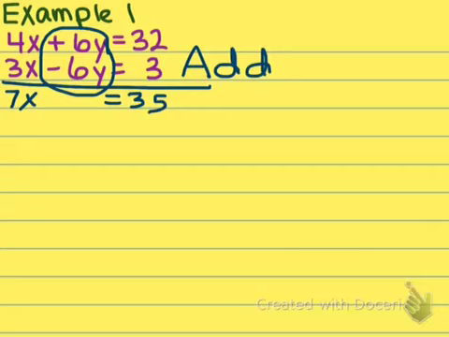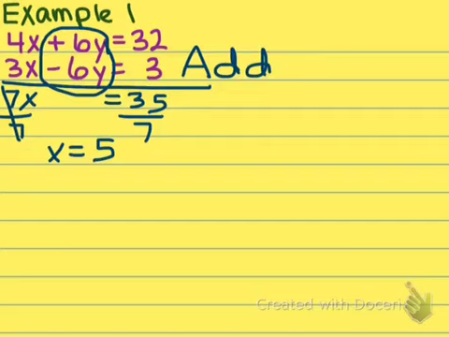Now we have an equation with only one variable that we can solve. One step is just divide both sides by 7 to get x equals 5. Alright, we got our first part of the coordinate. Now we're going to plug this value back into either one of the original equations.